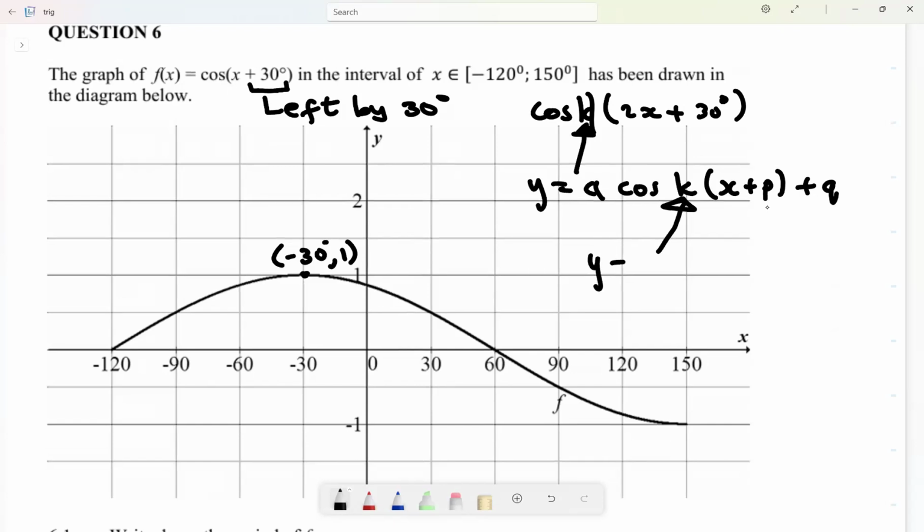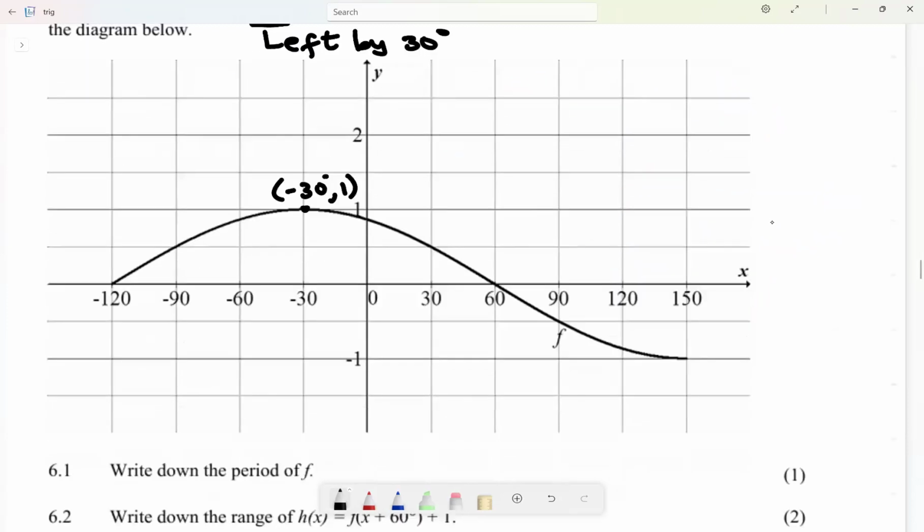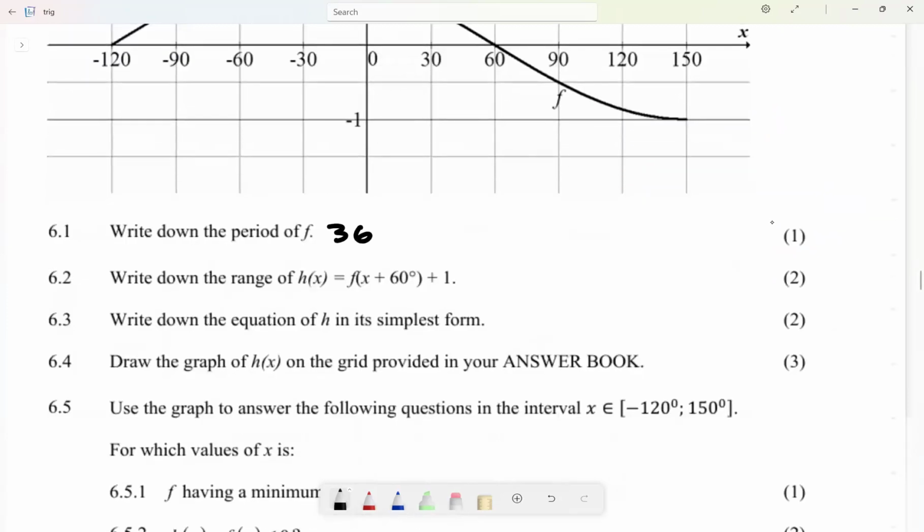But if it is in the format a cos kx, I still look at k there. In this case, I'm going to look at the bracket. I hope it makes sense. I can see it is 1 here. So my period is just 360 divided by 1, which is just 360. So the period of f is 360 degrees.